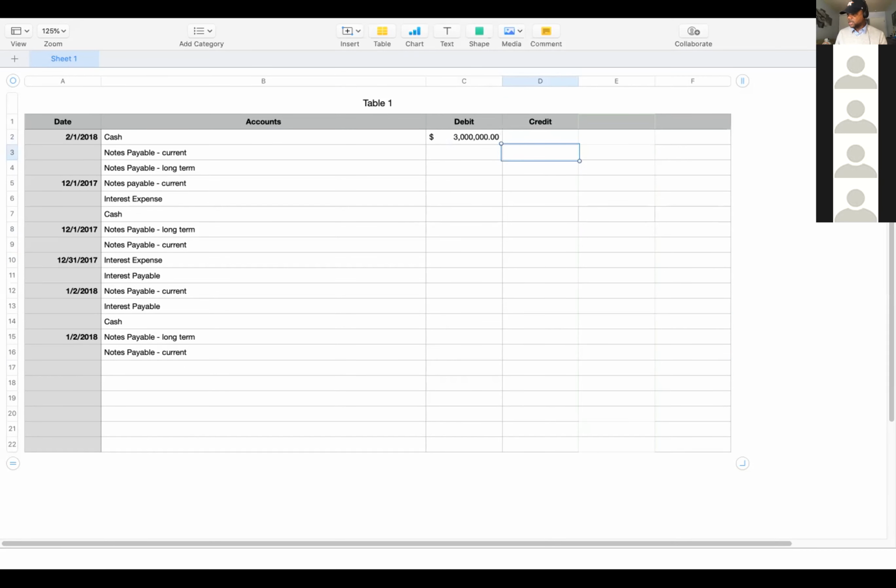How much do they owe within the next 12 months? 300,000. How much do they owe long term, after? 2,700,000. Questions?